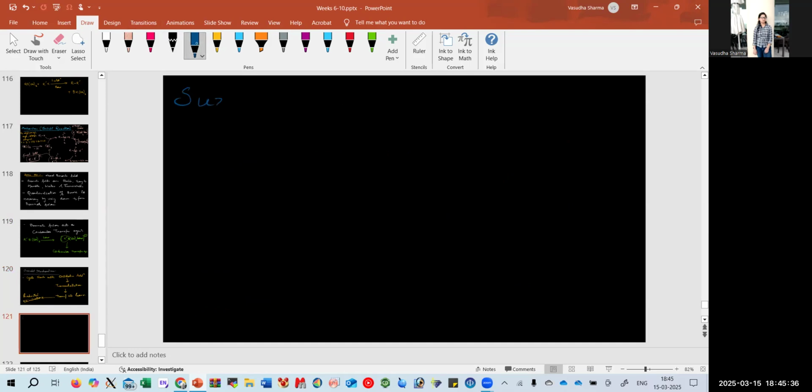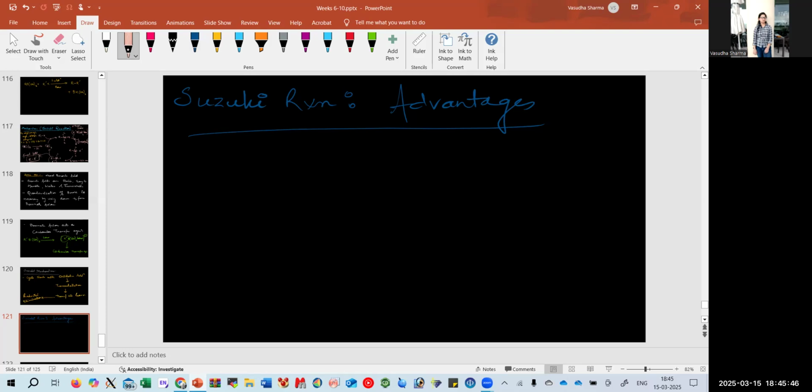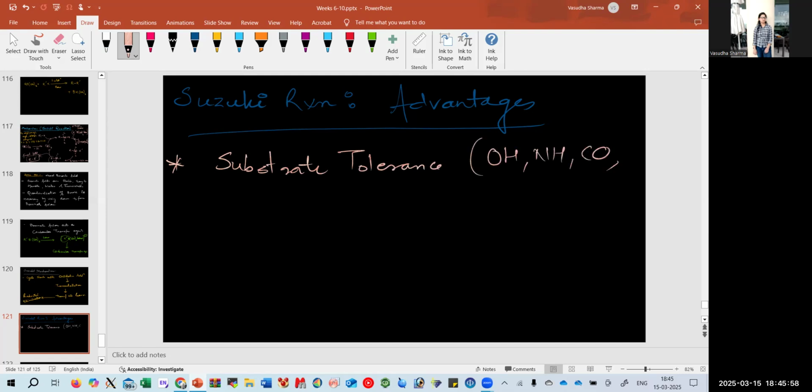We have some advantages also. These are very important points that we need to keep in mind, even though it's theory. So it has a wide variety of substrate tolerance, meaning in the presence of OH, NH, CO, NO2, CN, etc., the reaction will work.